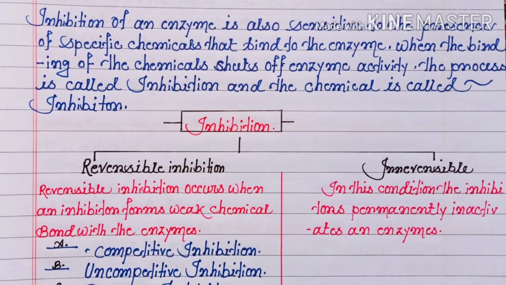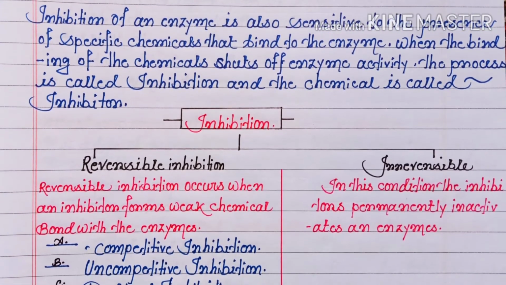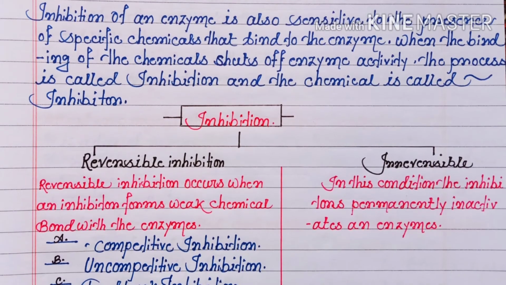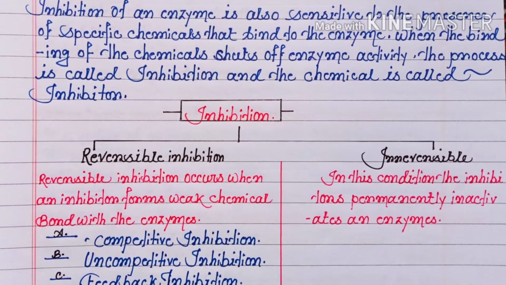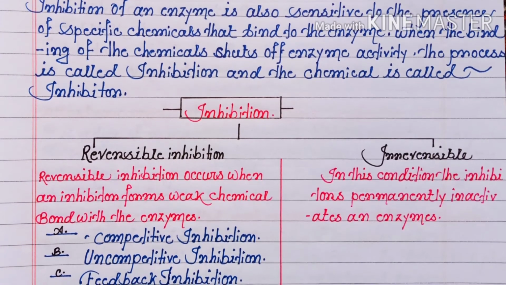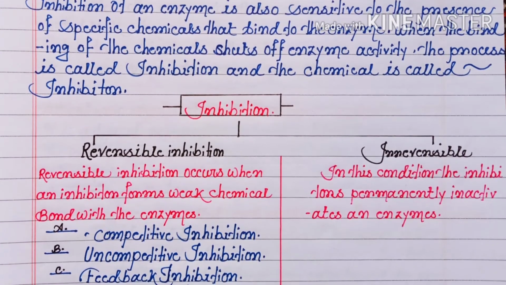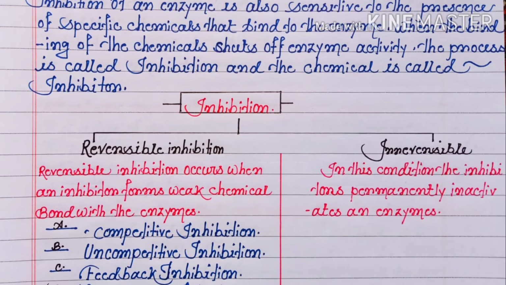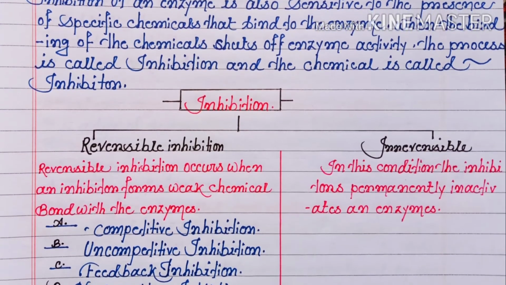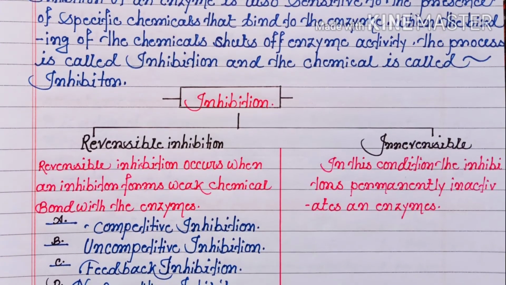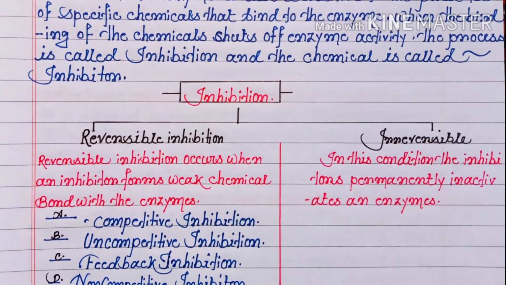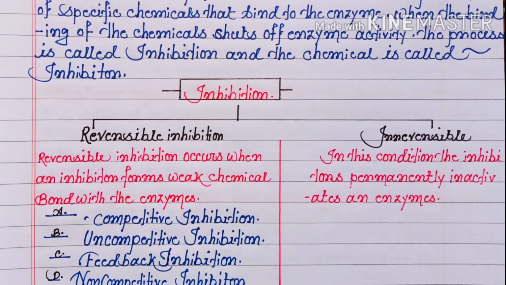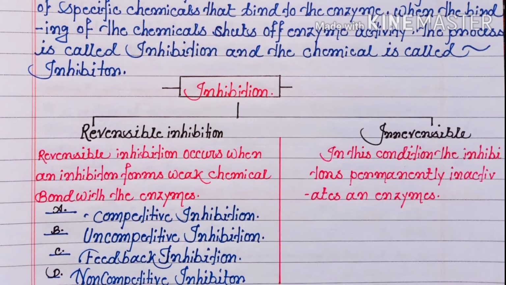First, competitive inhibition; second, uncompetitive inhibition; third, feedback inhibition; and fourth, non-competitive inhibition. In case of irreversible inhibition, the inhibitor forms a strong chemical bond with the enzyme. As a result, the inhibitor permanently inactivates the enzyme.